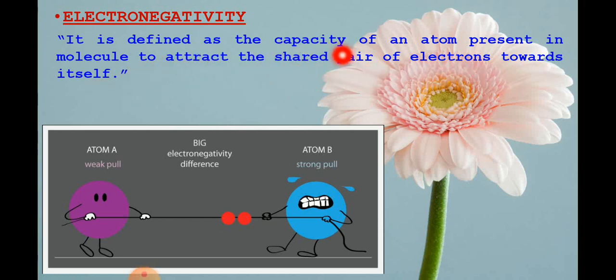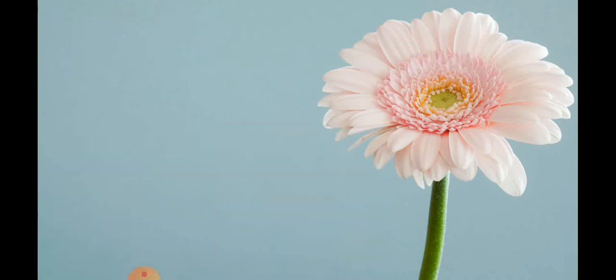That capacity, that power, that tendency of an atom in a molecule is called what? Electronegativity. Clear? Simply put, in a molecule one atom's capacity to attract electrons towards itself is greater than the other's. That is called more electronegative, and the property is called electronegativity. Clear? Very simple definition. Okay, fine.